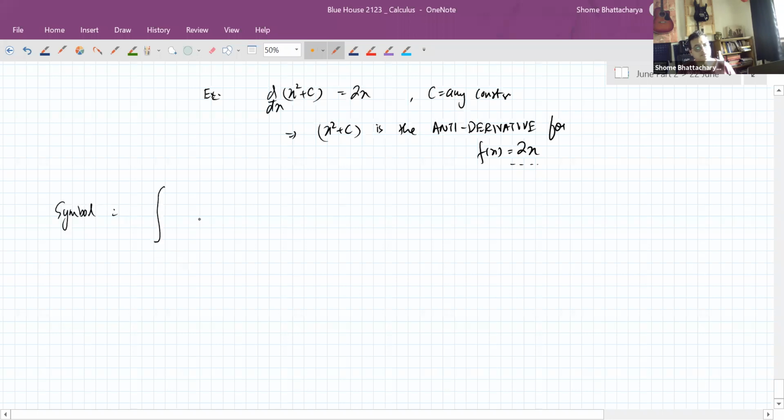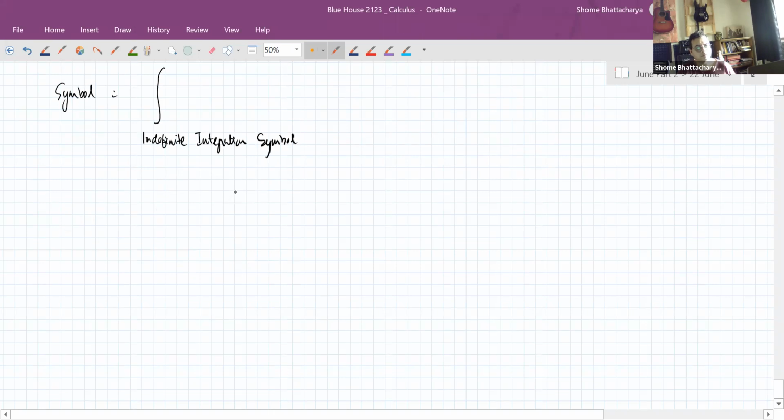Now, the symbol for integration is like this. This is called the integration symbol or the indefinite integration symbol. So it is applied to a function in this manner. So this is now going to be read as indefinite integration of the function f(x).